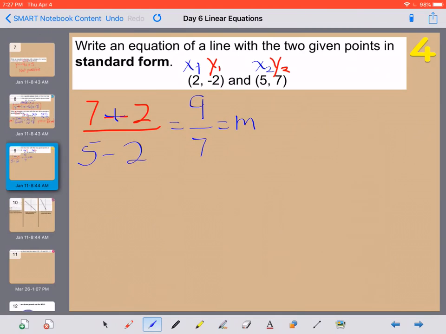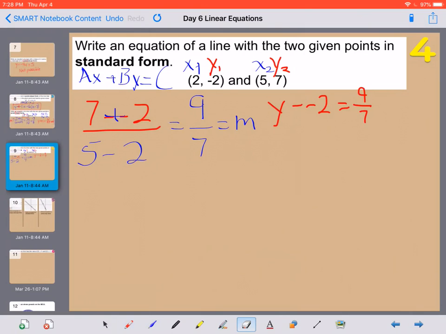What we need for standard form is ax plus by equals c. Right now we have ax, we have 9 over 7x. So we're going to write this in point-slope form so we can figure out our standard form. So we'll have y minus a negative 2 equals our slope, which we found was 9/7.